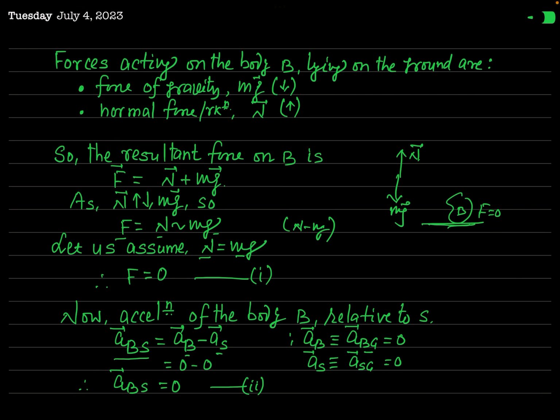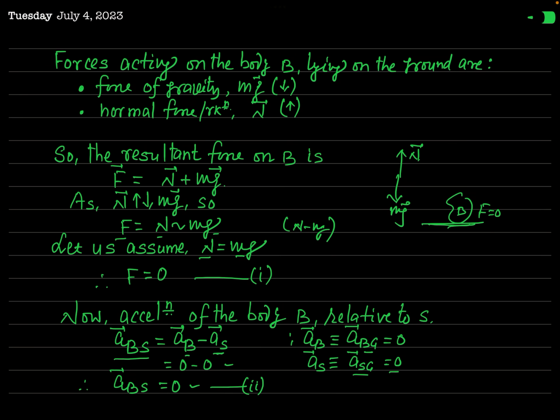Similarly, AS means ASG. It means this is the acceleration of S with respect to ground. And this tree, or this S, is standing on the surface of the ground. So this ASG will also be 0. So both AB and AS are 0, and so ABS will be 0 minus 0, that is 0.